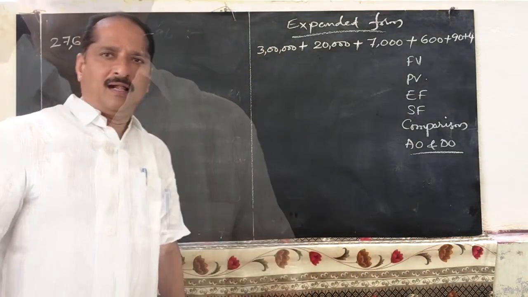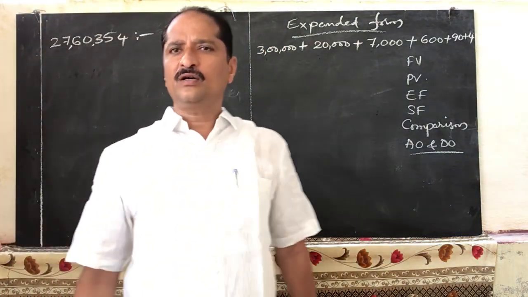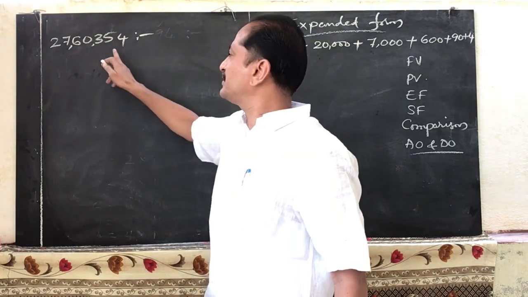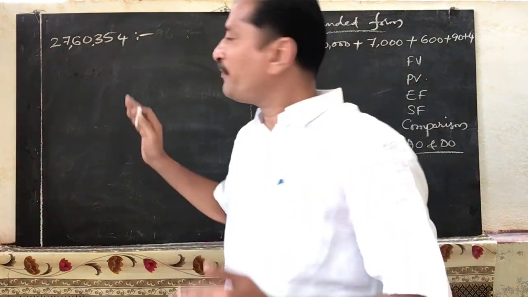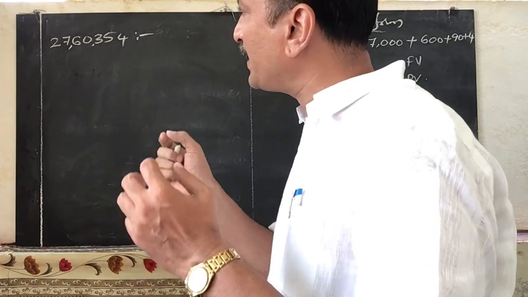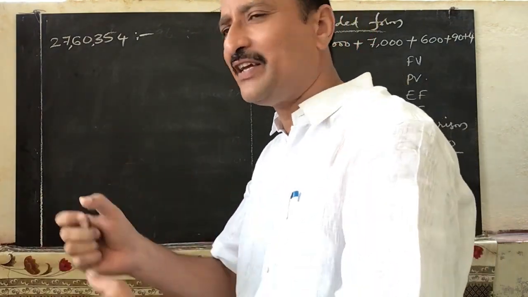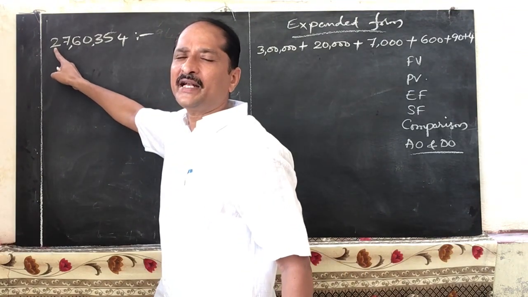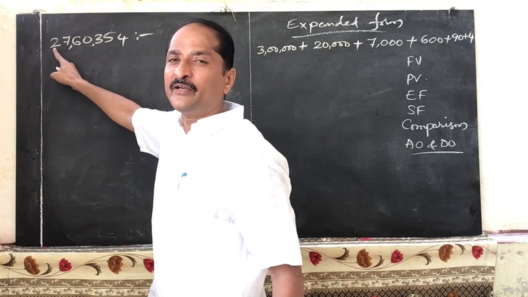Okay, see, now we have to write down the expanded form of this number. To do so, we should write down the place values of each digit of the given number. First, take out the greatest period. The greatest period here is the lakhs period. In the lakhs period, we have two places.